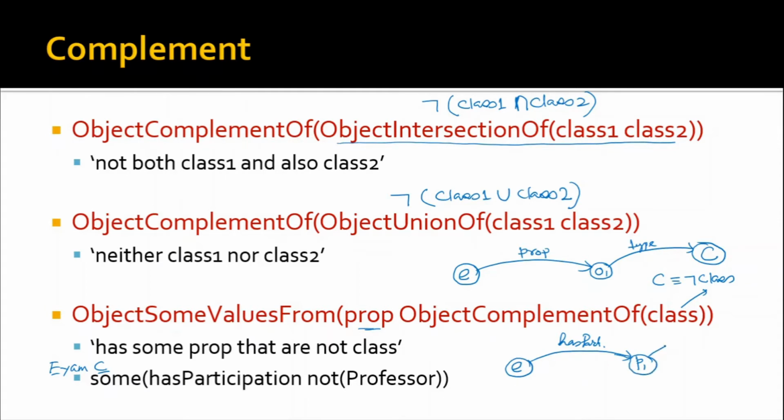And this person 1 is a type of something, so it may be a student, and this student is equivalent to the complement of professor. That is what we are trying to say.